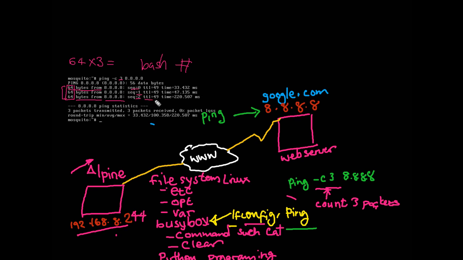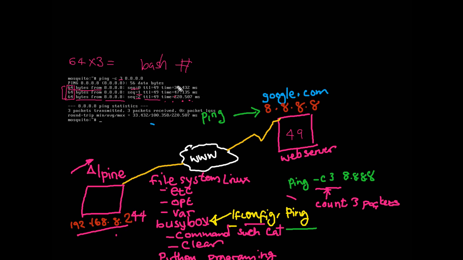Then it's showing us TTL 49, meaning it had to take about 49 stops before it reached Google. But this can also represent the fingerprint, 49, which could tell us the operating system Google is using.